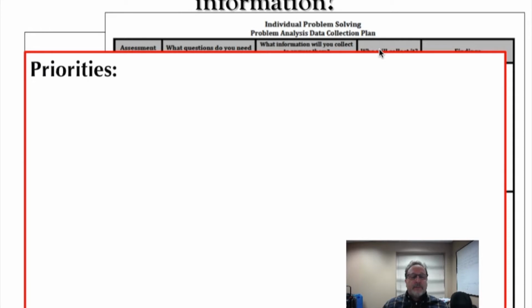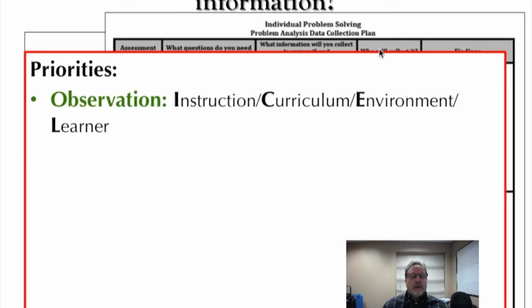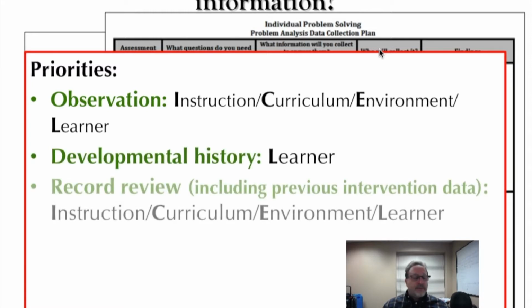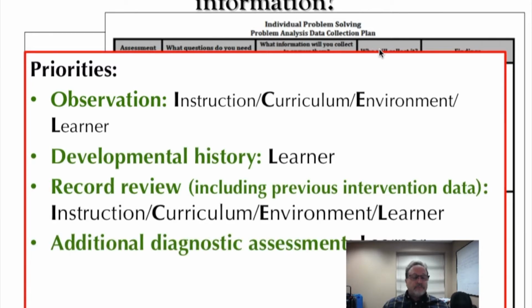And some of the priorities of information you're going to be looking for, or the use of these different data gathering tools: observation, looking at all four of those factors, developmental history, record review, and additional diagnostic assessment. Those are the things that invariably should go into a good individual problem-solving data collection process.